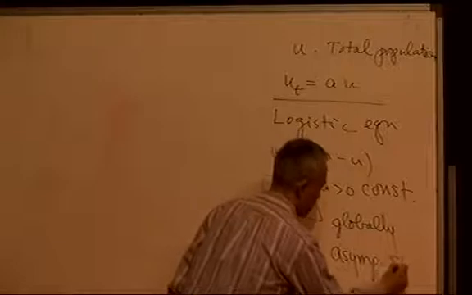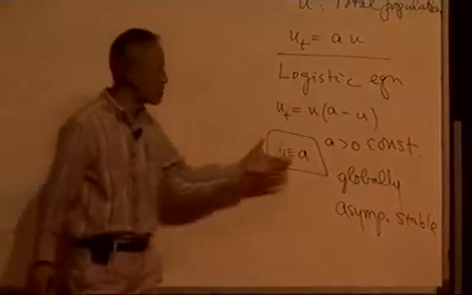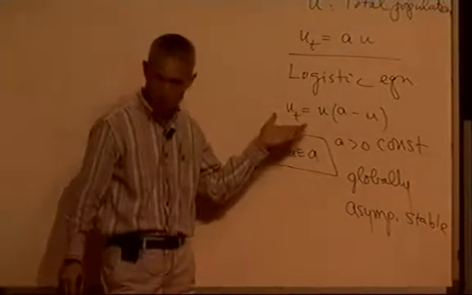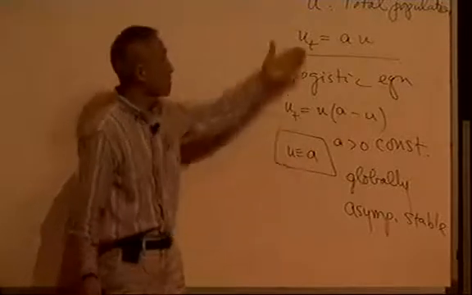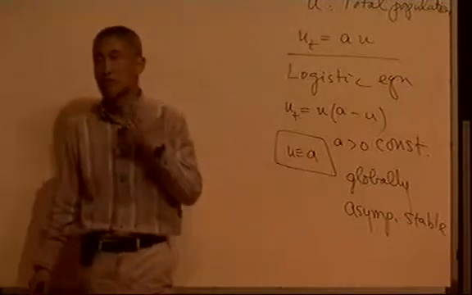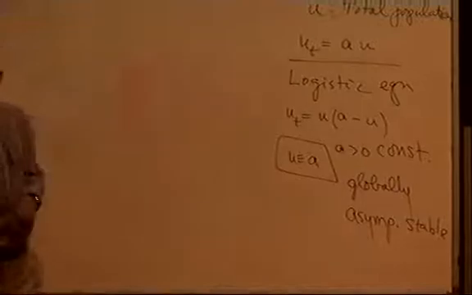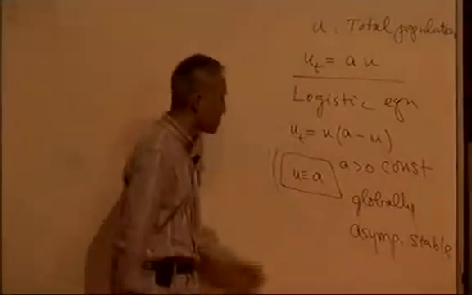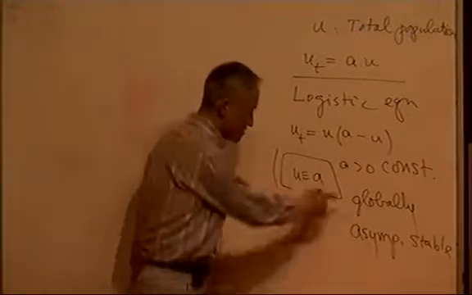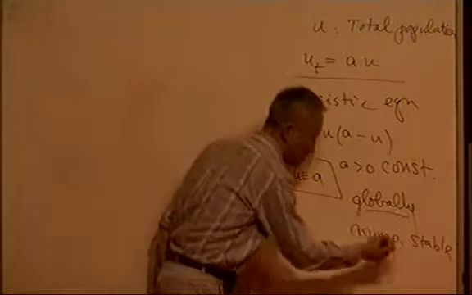No matter what your initial value is, as long as it is positive, it converges to this one. Because the total population is positive, we're not going to deal with negative initial values. So that's why I say the steady state A is globally asymptotically stable.